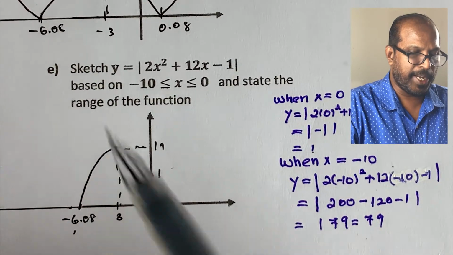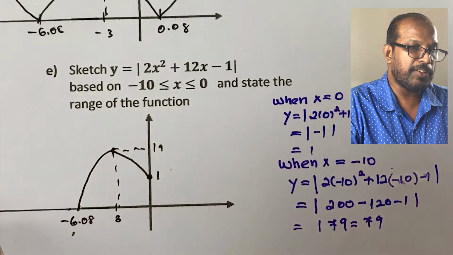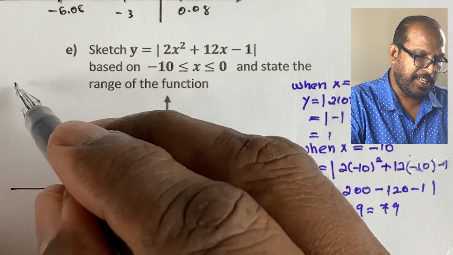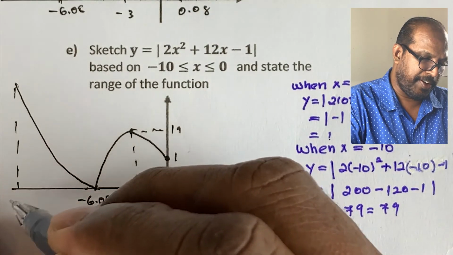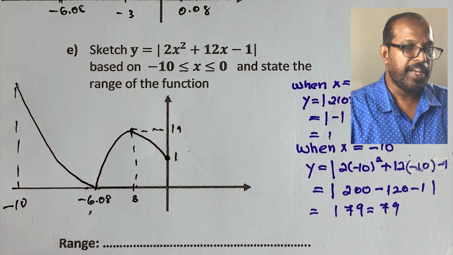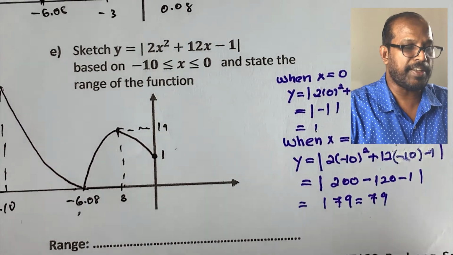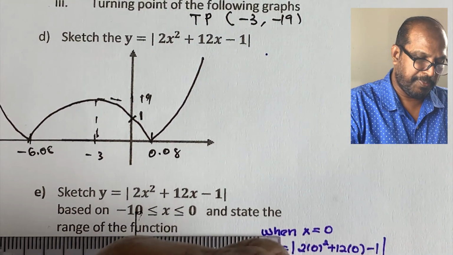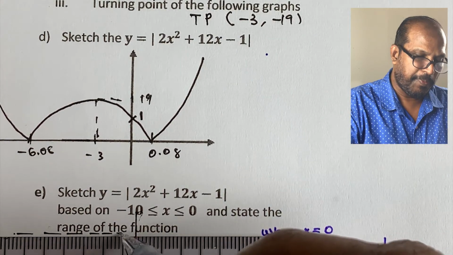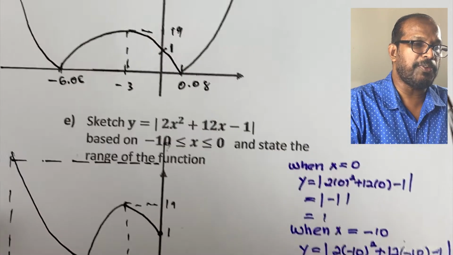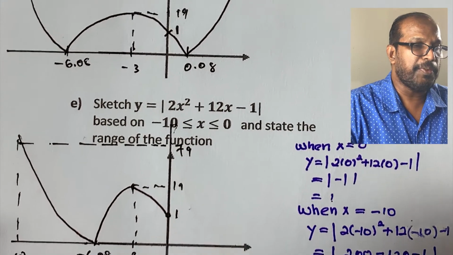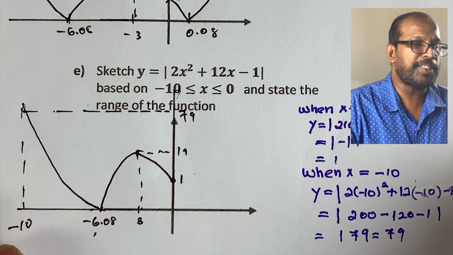Then the graph goes back like that, and this value is about negative 10. And when it's negative 10, it's 79. So this value will be 79. So at the end of the day, the graph will be something like this.